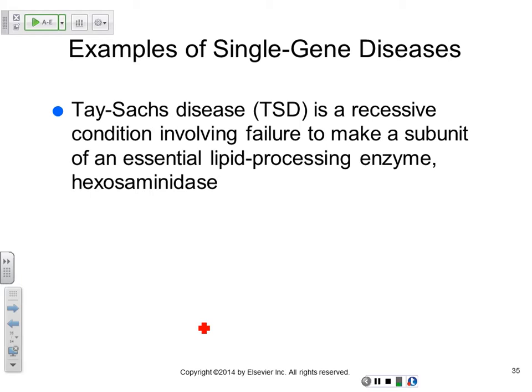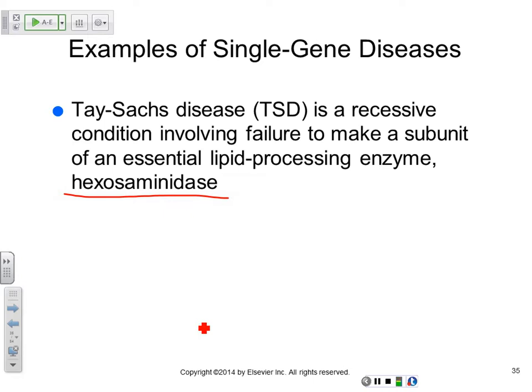All right, so more examples of single gene diseases. Tay-Sachs disease, TSD, is a recessive condition. It's a failure of this hexosaminidase. The names of these things.